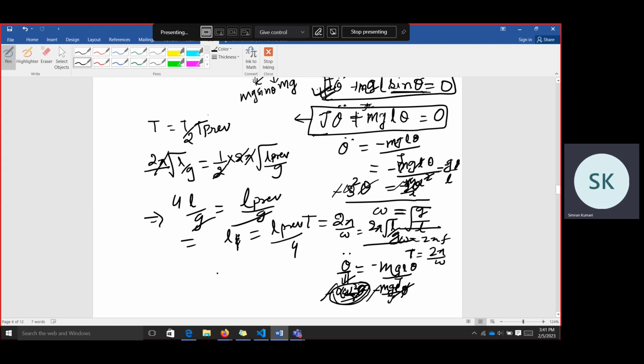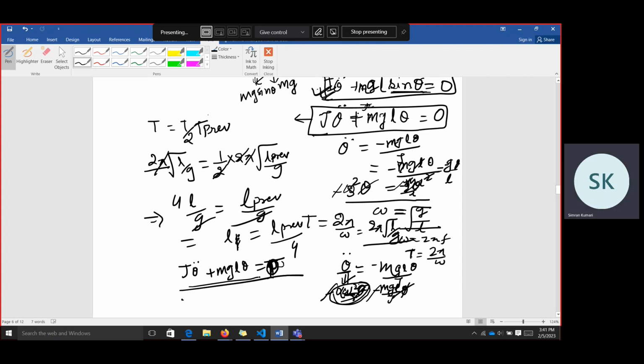But if you go through the transfer function approach, then it's J theta double dot plus mgl theta equal to 0. Now if you convert this to a transfer function, suppose there is a torque being applied, then only we can write the input output transfer function. And if we consider there is no input, this is just a homogeneous ODE.